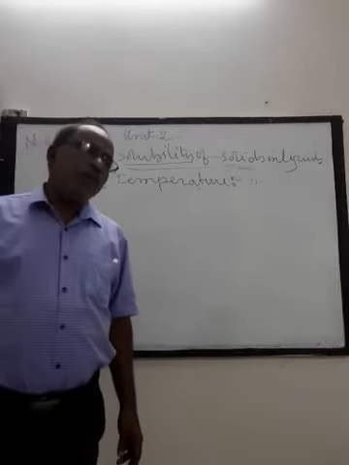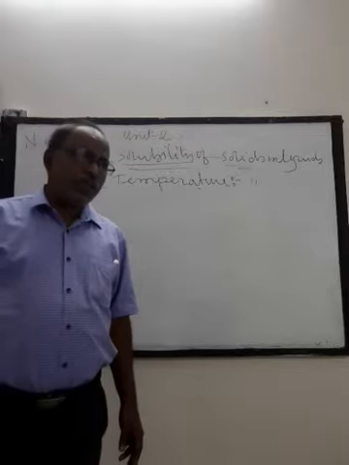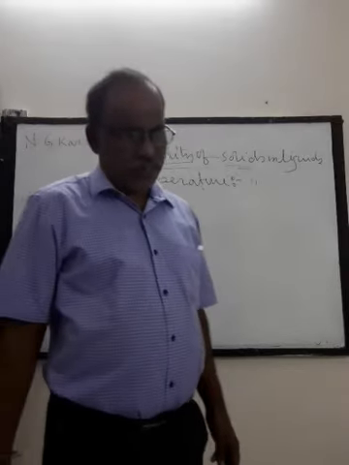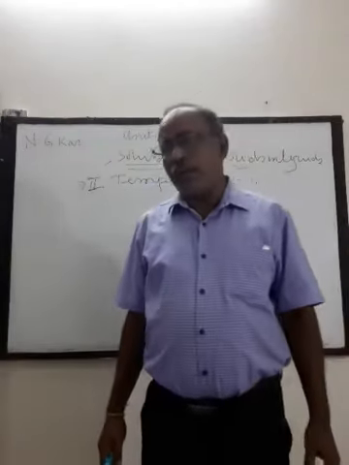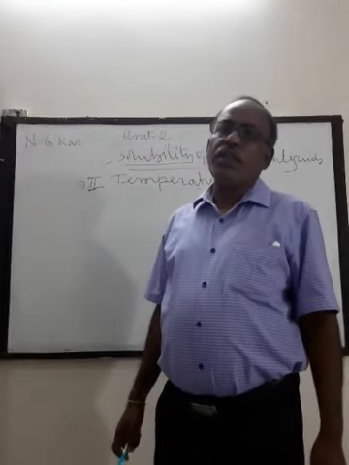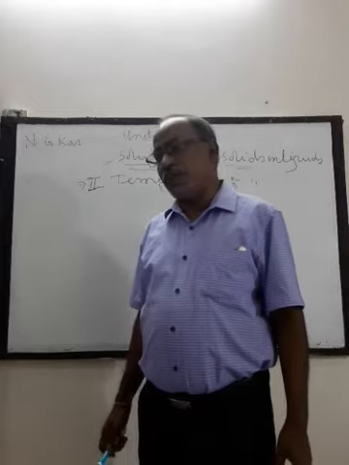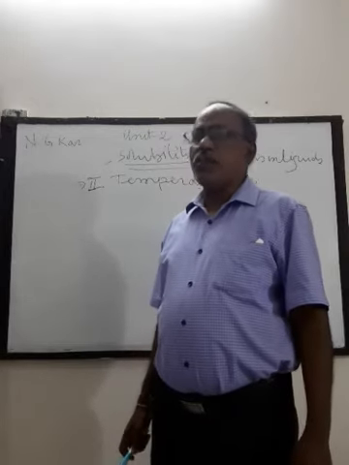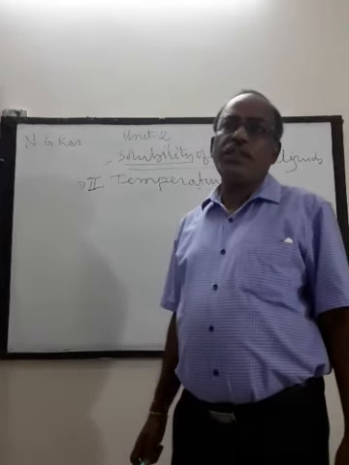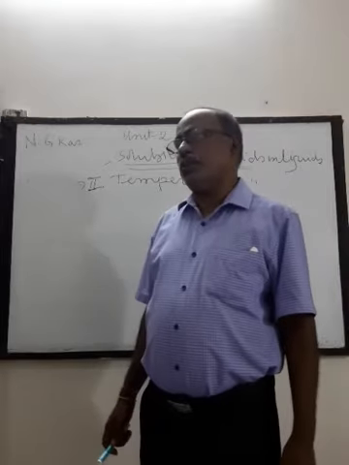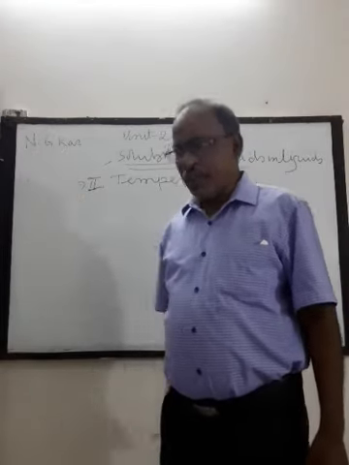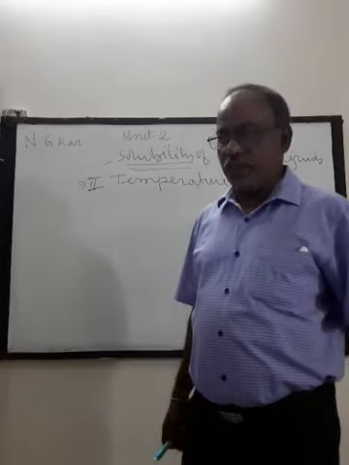And for very few solids, there is a peculiar behavior. First, solubility increases with increasing temperature up to a certain extent, and beyond this temperature, solubility decreases on further rise of temperature. So first increase and then decrease, in very few cases.